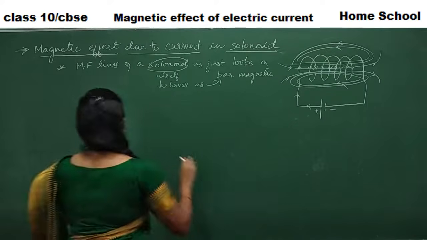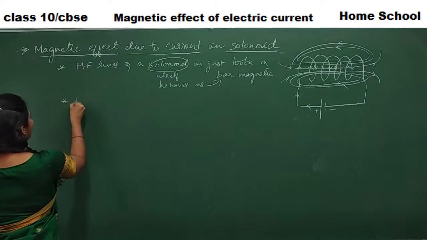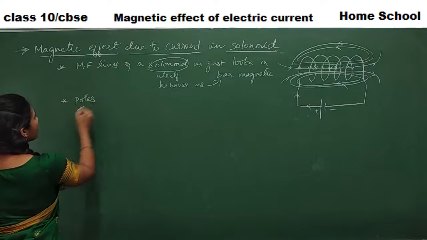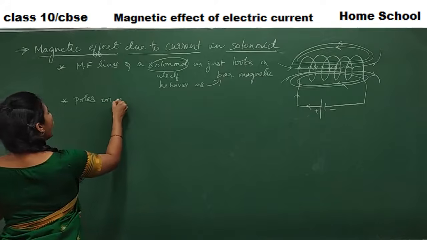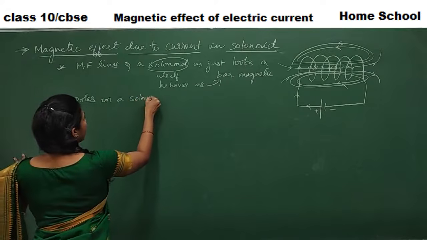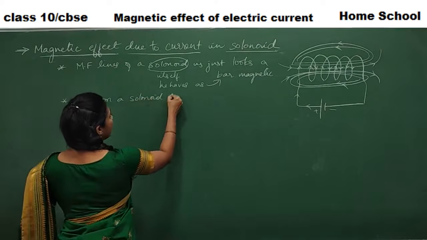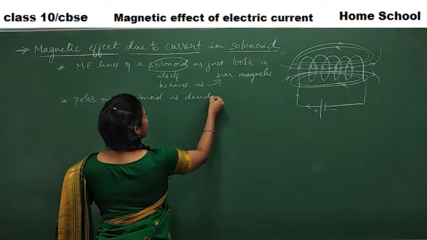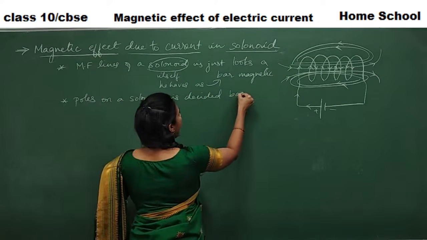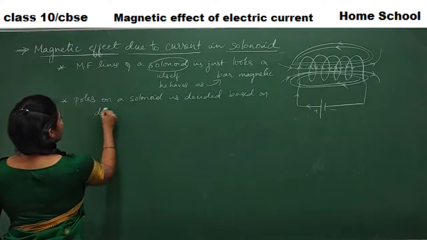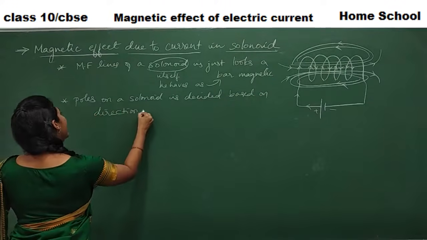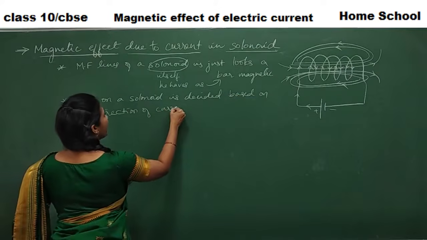Next point I will write here: poles of a solenoid are decided based on the direction of current. Very, very important point.